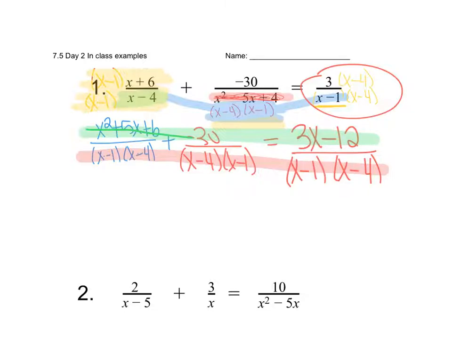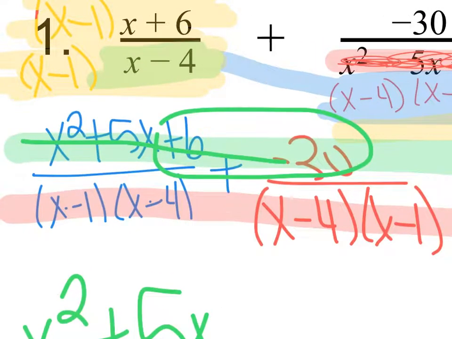So I can say on the left I have x squared plus 5x plus 6 minus 30. Oops, that should be minus 6 right there. I apologize, I put the wrong number there.